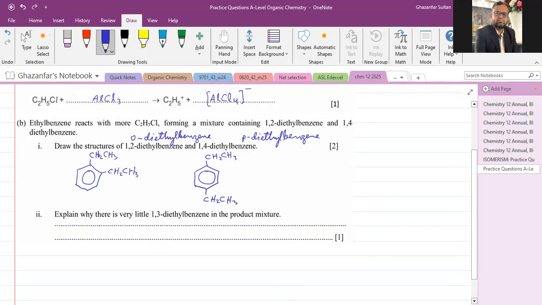So remember that alkyl groups are ortho-para directing, meaning 2,4,6 directing groups. And I'm using a specific organic chemistry term, that is called regioselectivity.